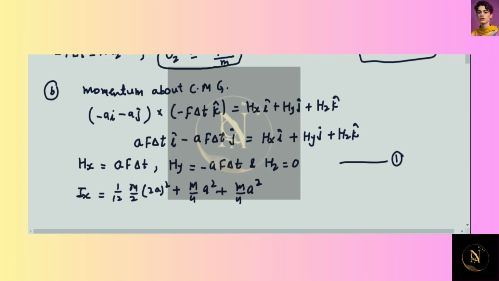So it becomes 2 by 3 ma square. Similarly, moment of inertia along y-axis is 2 into 1 by 3 m by 4 a square, that is 1 by 6 ma square.